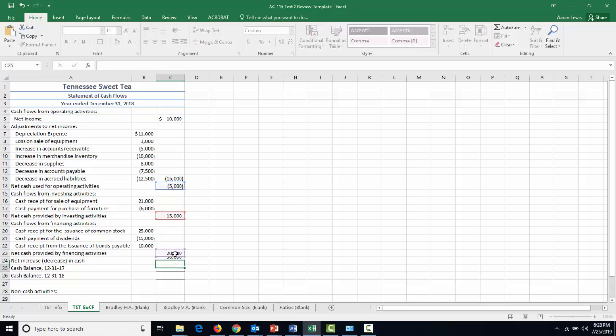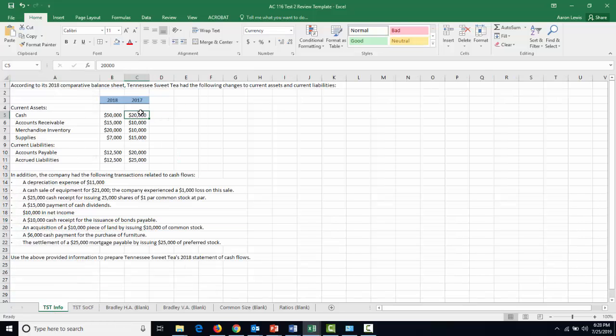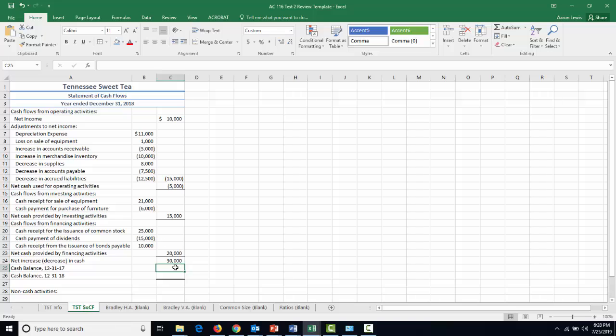And when we enter, we see that our net increase in cash is $30,000, and we're very happy about this, because when we go back to our information, we see that cash did in fact increase from $20,000 to $50,000, which is an increase of 30 grand. Underneath, we have our cash balance on the last date of the prior year.